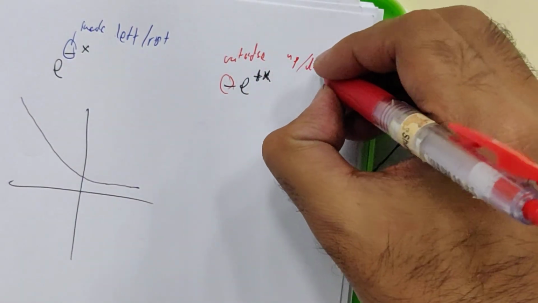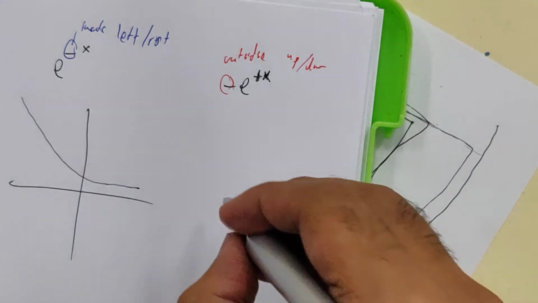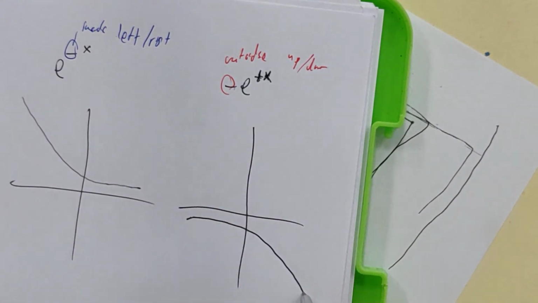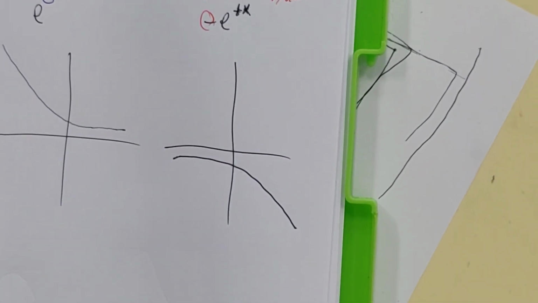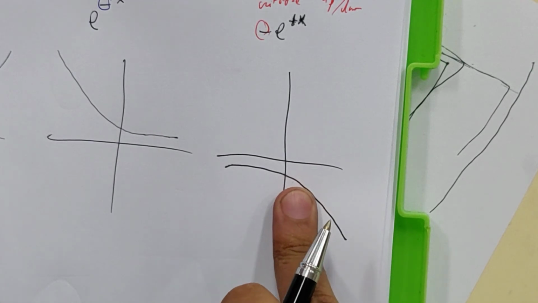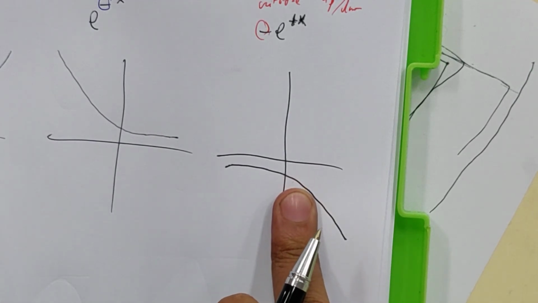Up or down. So how does the graph look like? Are you okay? Turun bawahan. Dia terbalik kan? Okay, it comes from here, it reflects down here. You okay? You want me to explain again? Angkat tangan kalau tak faham.